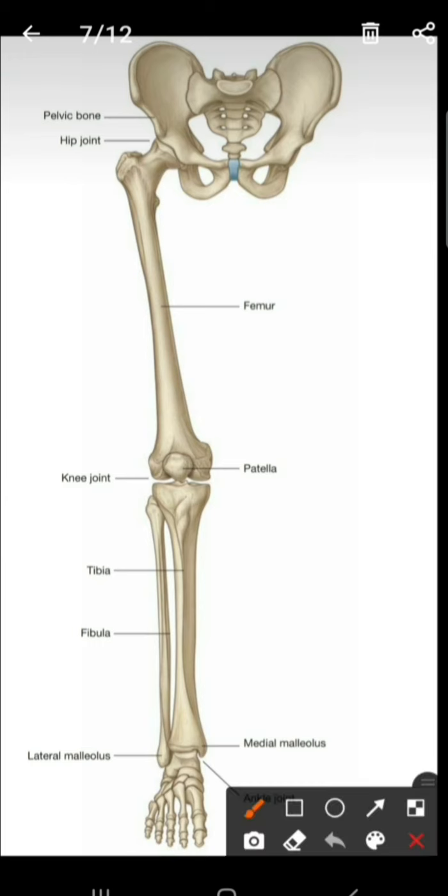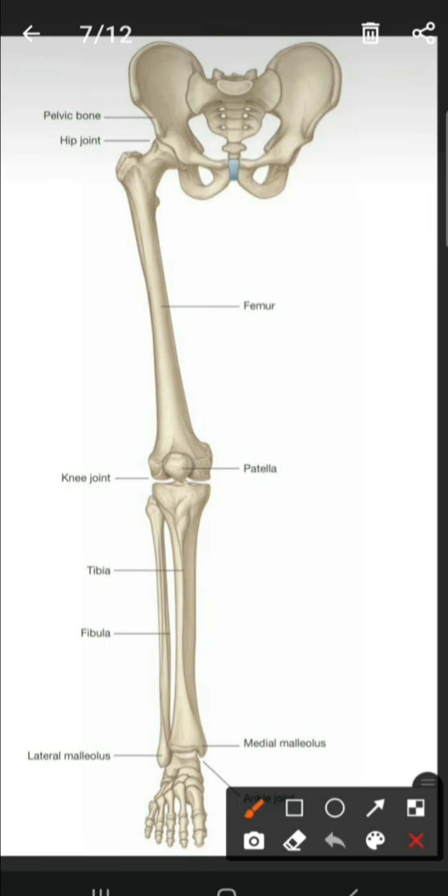This is the bones of the lower limb, that is, the bones of the leg. It includes different bones: the femur, which is the longest bone of our body. This is the patella. The patella is a sesamoid bone. It lies in front of the lower end of the femur.